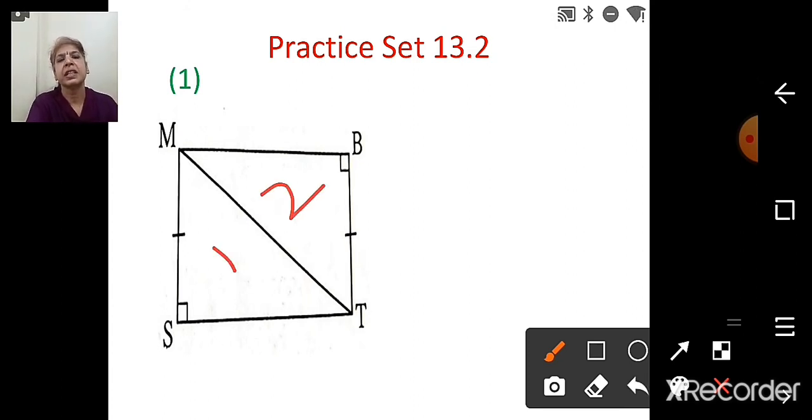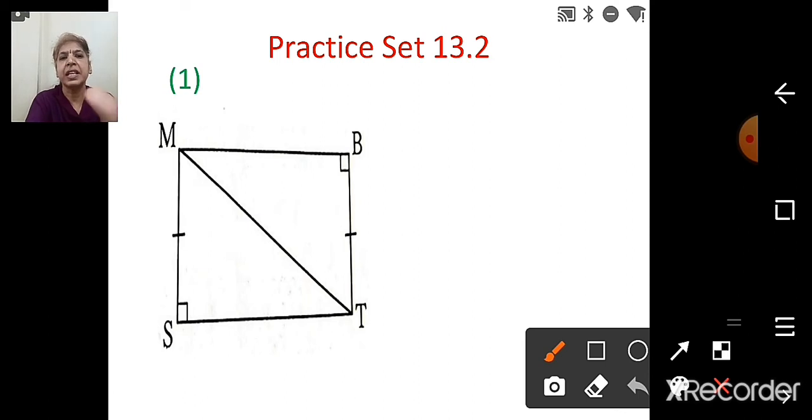One is triangle MST, and another one is TBM. What is important is you have to see the correspondence of vertices. Observe properly: the marking of angle S and the marking of angle B are identical.